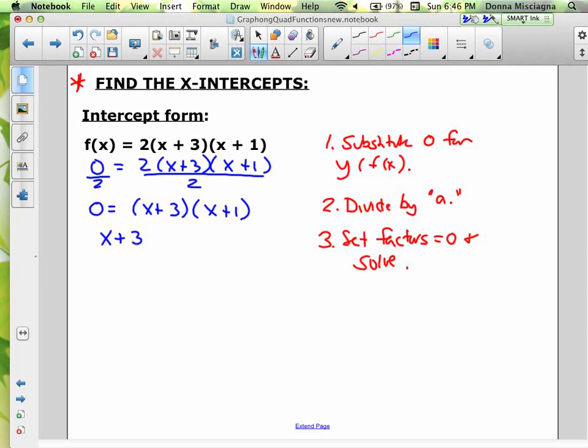So remember, each of our different formats has a pro. And the pro is that something, the x-intercepts, the y-intercept, or the vertex, is easier to solve than in the other formats. So for standard form, it's the y-intercept. For vertex form, it's the vertex. And for intercept form, it's the x-intercepts.